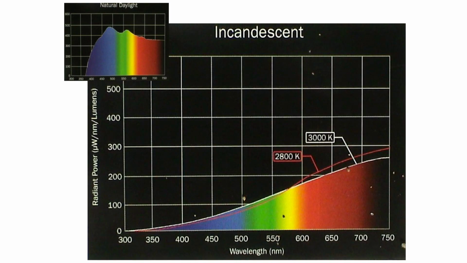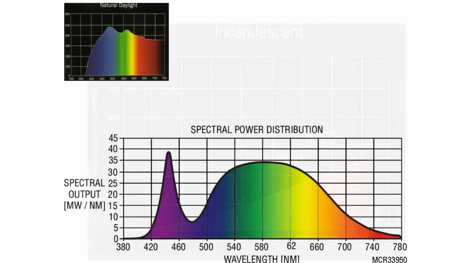An incandescent light has a very smooth curve, and that's why they appear to be so much more natural. Basically, incandescent lamps burn stuff to produce light, and so does natural daylight. So natural daylight is coming from the sun, which is burning whatever it's burning, hydrogen. So LED light sources are also quite variable.